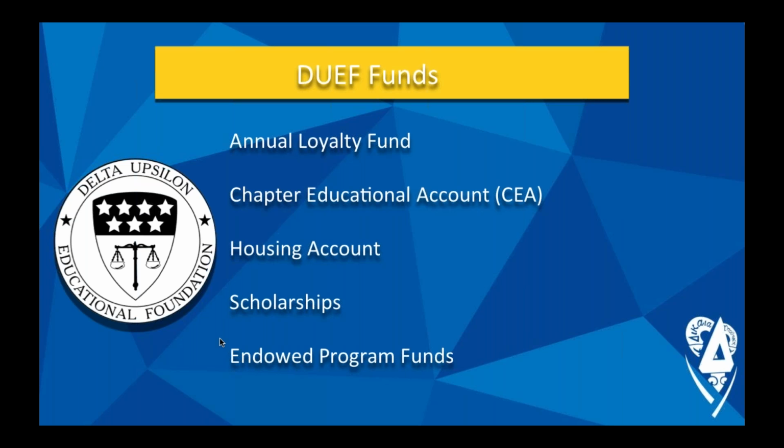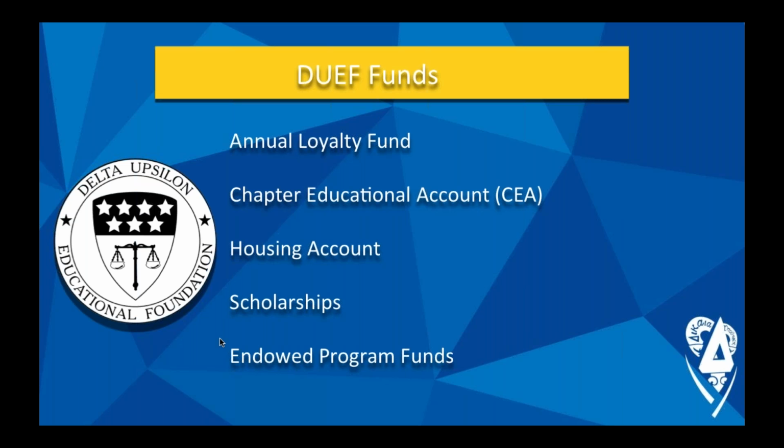Many groups, individual chapters, have what we know as a chapter educational account. So I like to think of this as a bit of a bank account that is held at headquarters through DUEF. Of course, it allows alumni to contribute from a tax deductible standpoint to earmark that money specifically for their chapter's educational account, and for the money in those educational accounts to go to support sending men to programs and having educational opportunities.